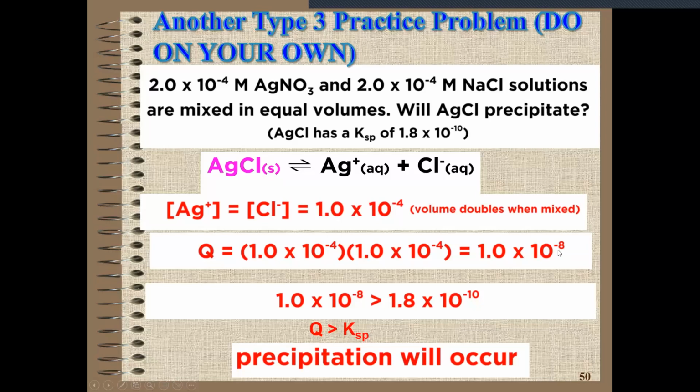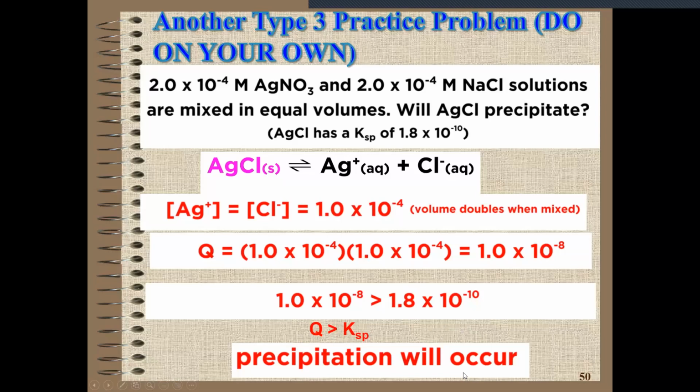Now, since that is bigger than the KSP, because the KSP is given up here, if the Q is bigger than the KSP, it means you have too many of these, and it's not at equilibrium yet. So how will it reach equilibrium? It'll shift left. That means it's going to go toward the solid phase, and precipitation will occur.